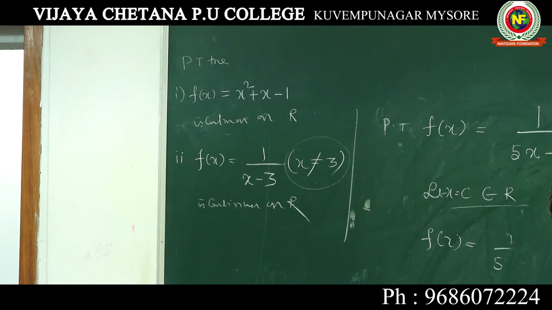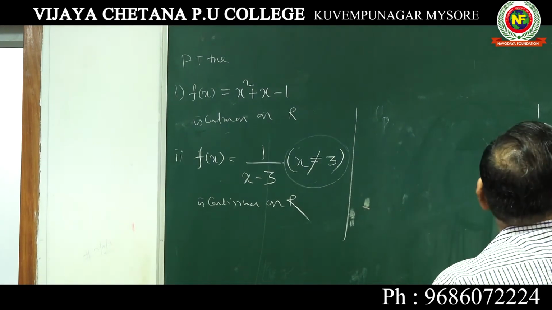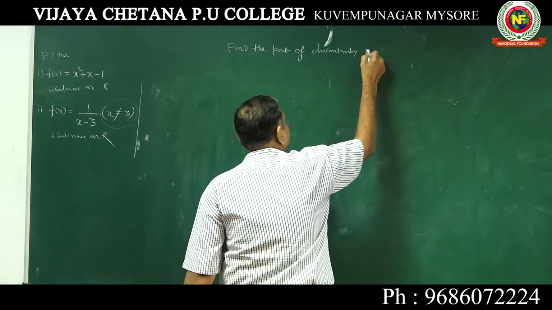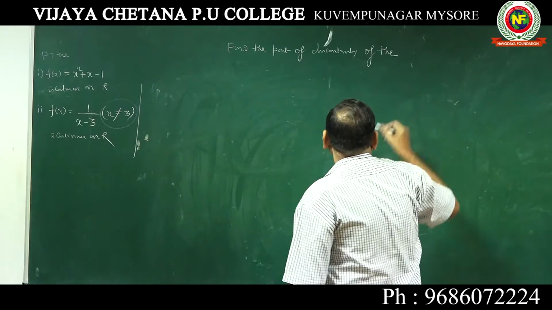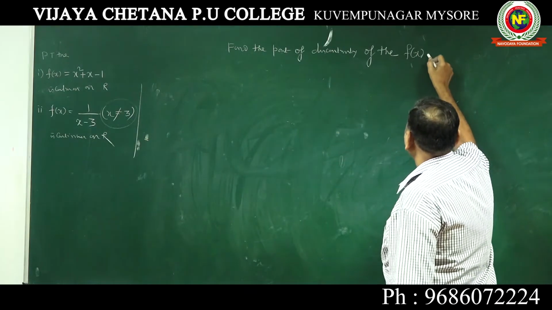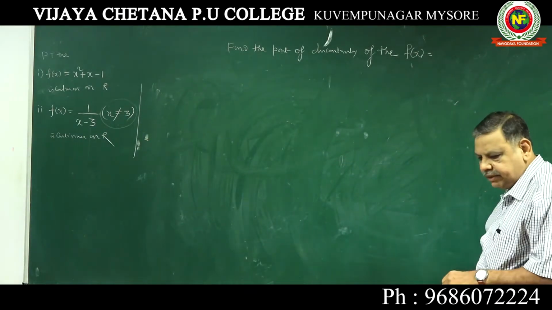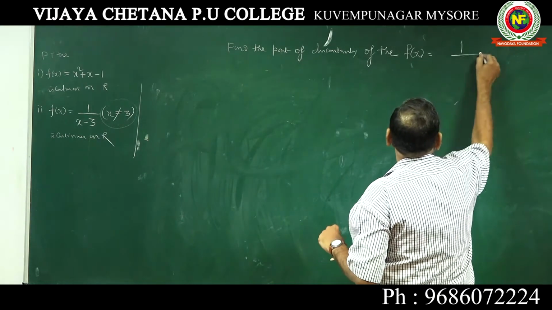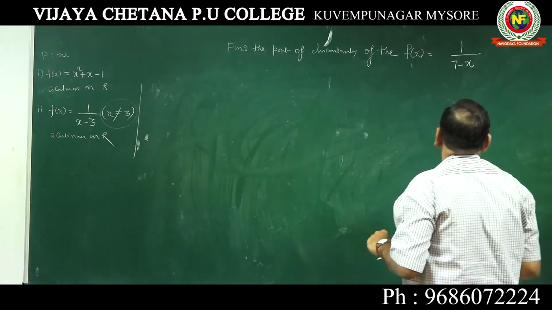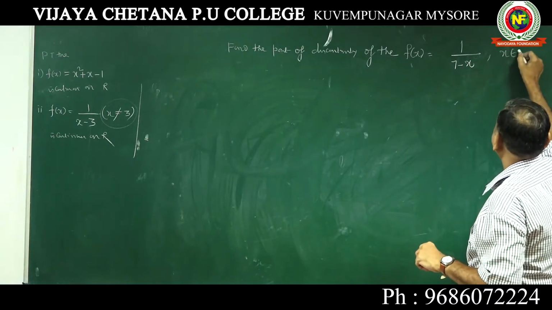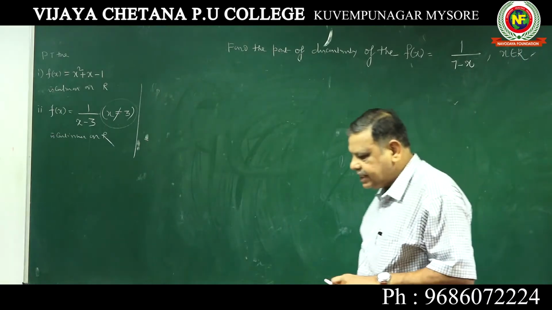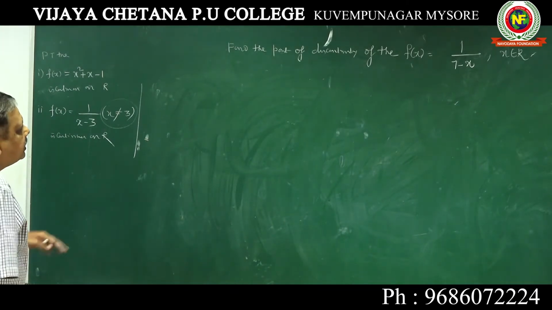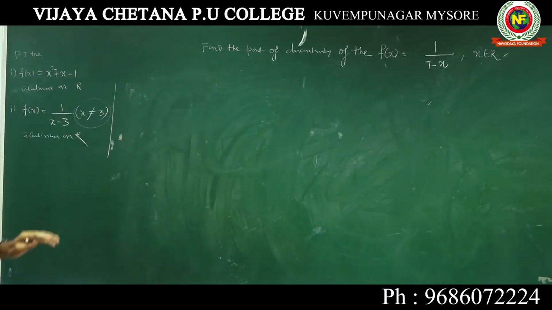Now one more question they may ask like this also. Find the discontinuity of the function f of x is equal to 1 over 7 minus x, when x belongs to R. Yes, now it is very easy. I think you yourself can tell me at what point it is discontinuous.